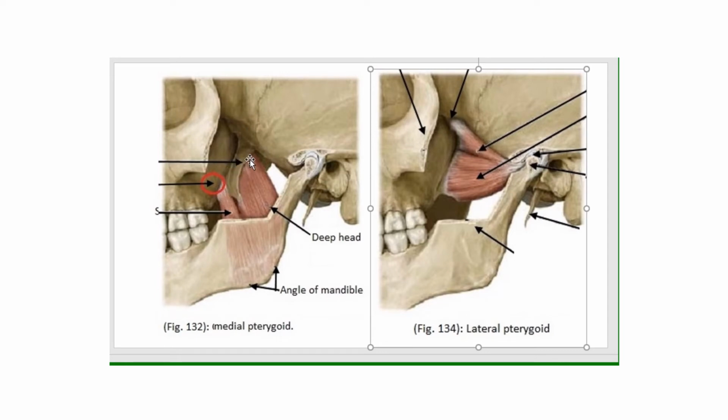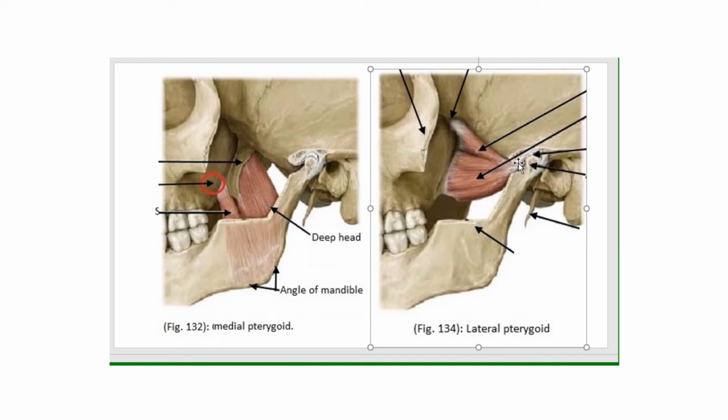Here is the lateral surface of lateral pterygoid plate. The upper head takes origin from the greater wing of sphenoid, its infratemporal crest. Both heads are inserted into the pterygoid fovea, which is present in front of the neck of the mandible.